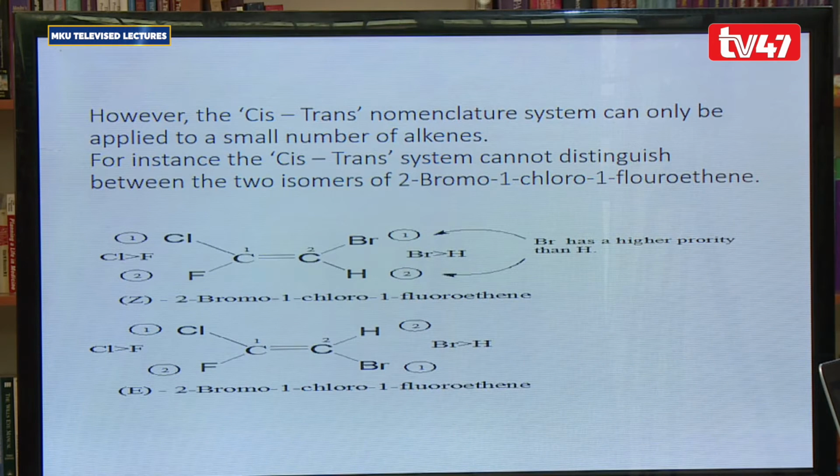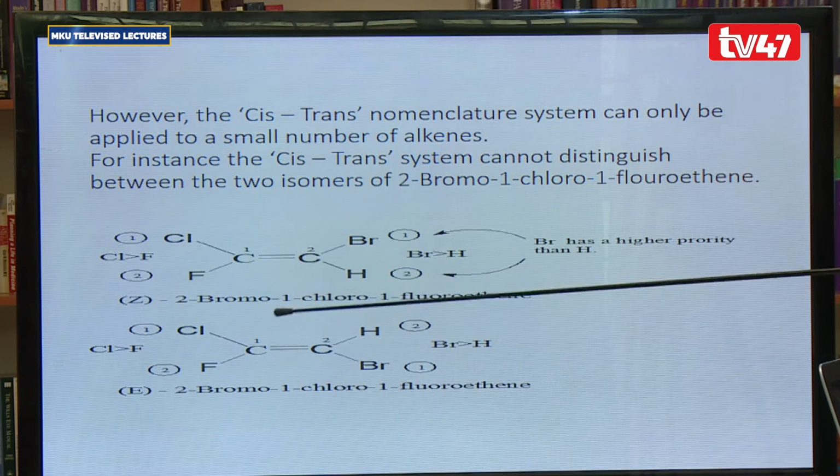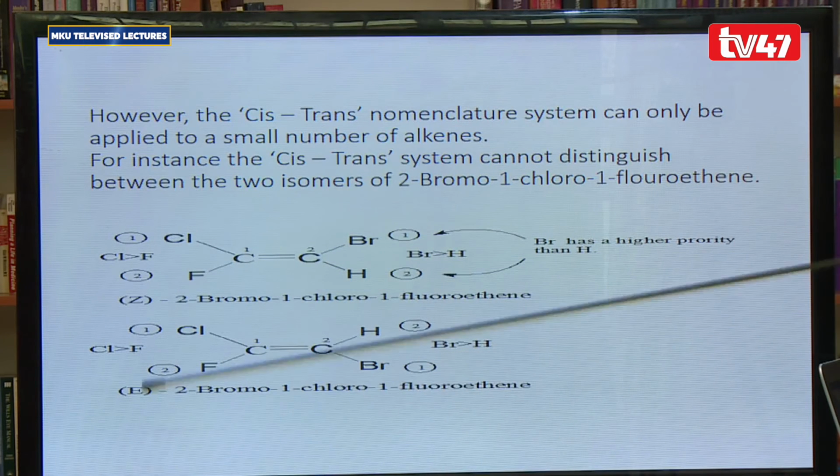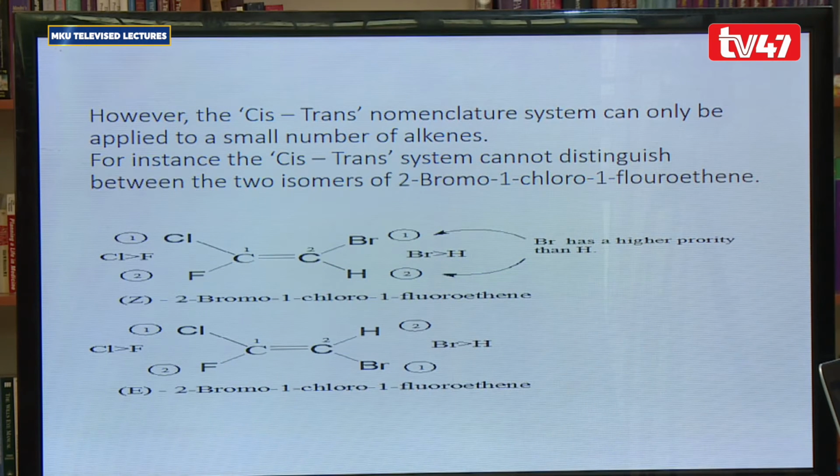Instead of using cis and trans, we use ZE as indicators of the type of isomerism, so that groups bonded to the carbons of the double bond are identified by their relative atomic masses or relative molecular masses, so that priority is given to the highest mass.